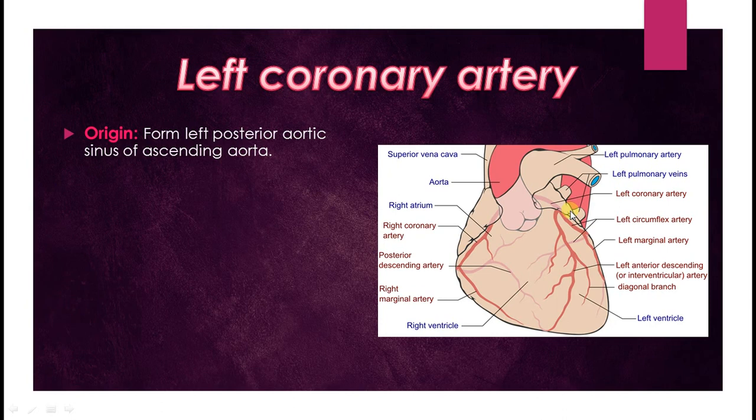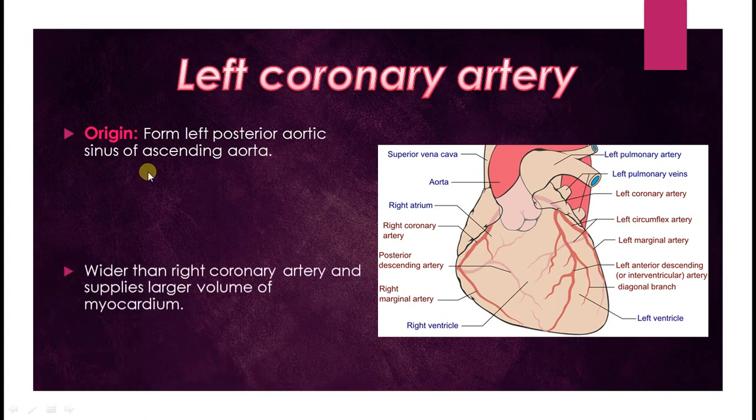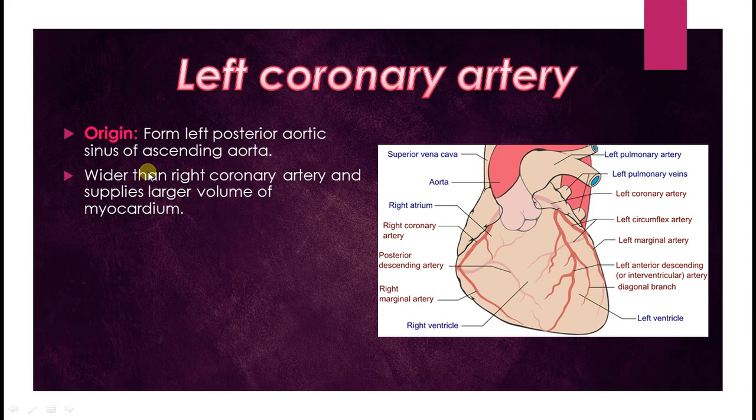Occasionally it might get compressed between these two structures, leading to sudden cardiac death, SCD. Normally it arises from the left posterior aortic sinus, also called the left coronary sinus in clinical usage.